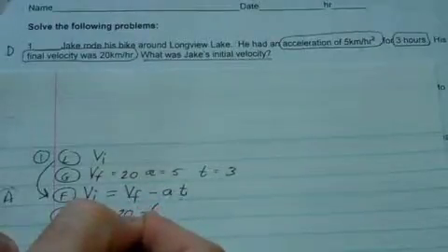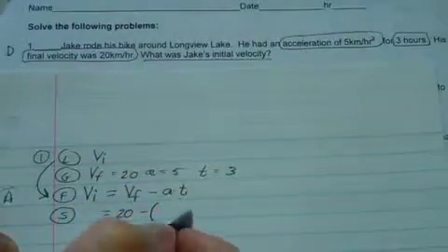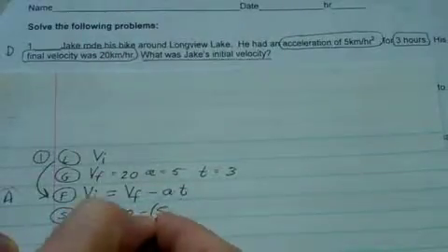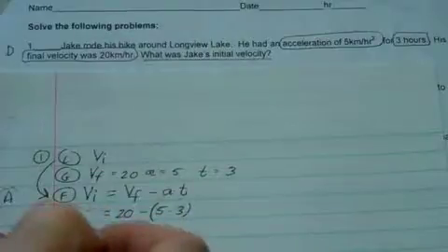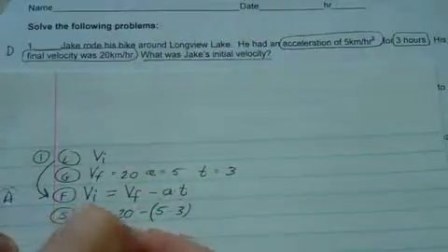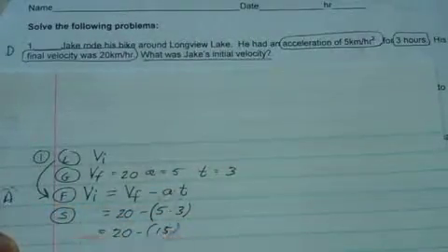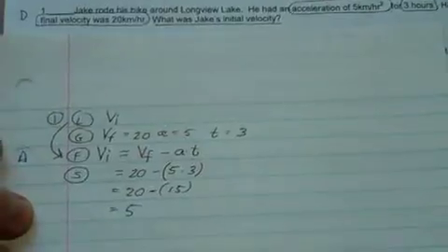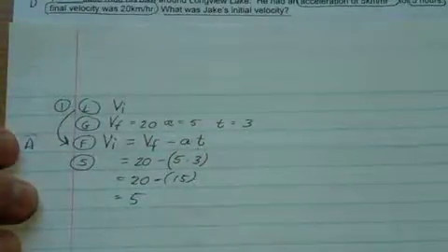I'm going to put those in parentheses, and that will even keep your calculating a little bit more neat. Acceleration is 5 times time of 3. So we've got 20 minus 15. Velocity initial of 5. Okay, that's question 1. And the answer was letter D.